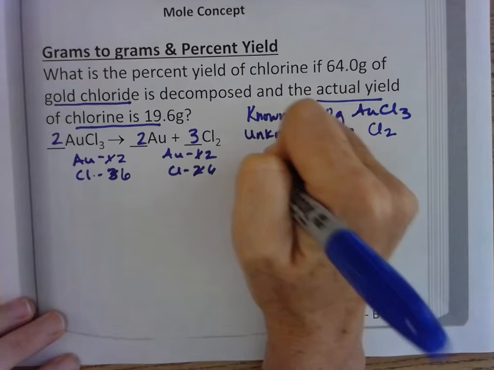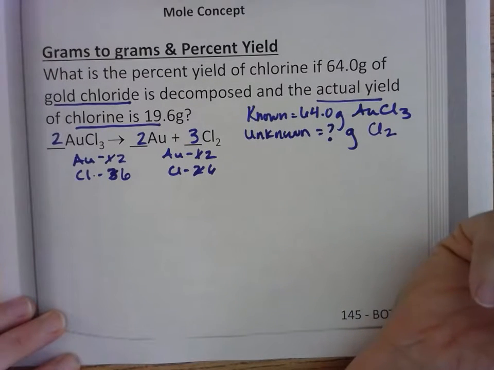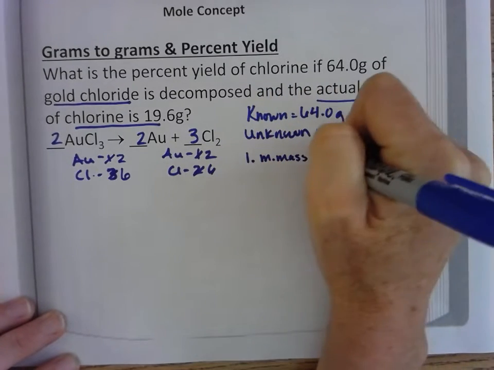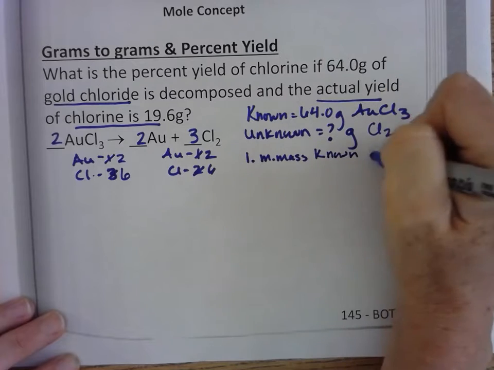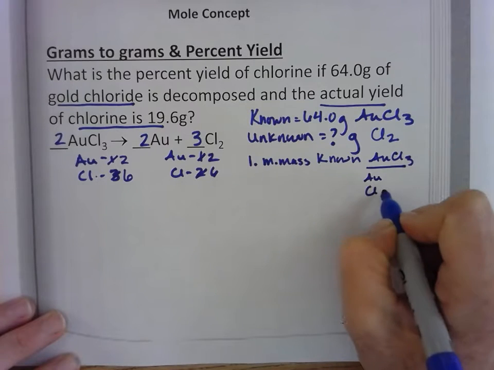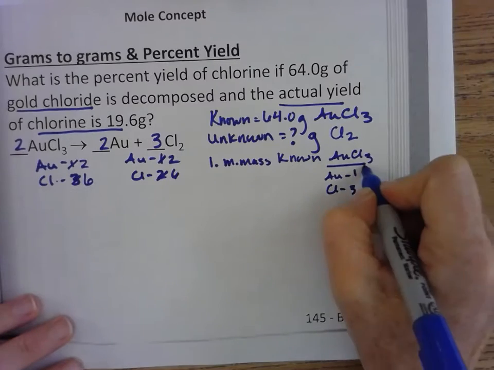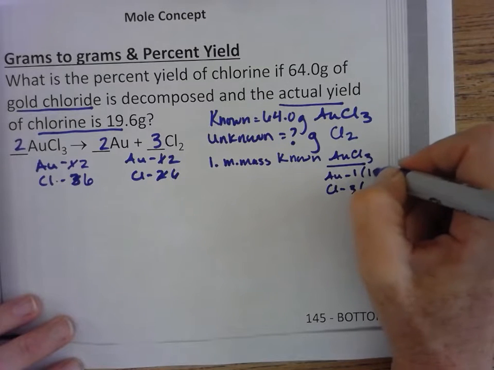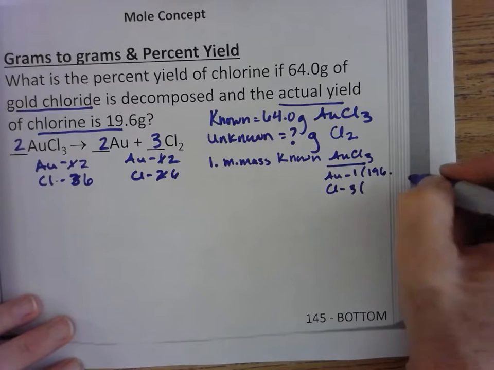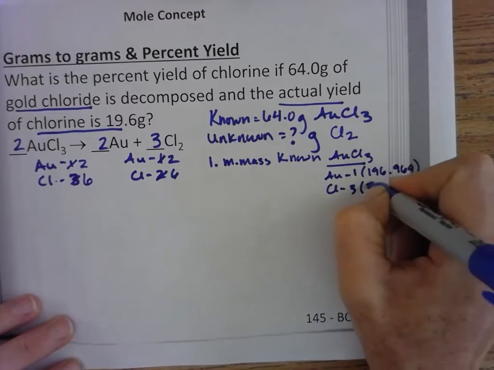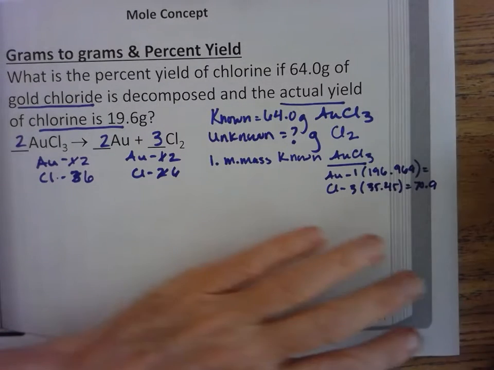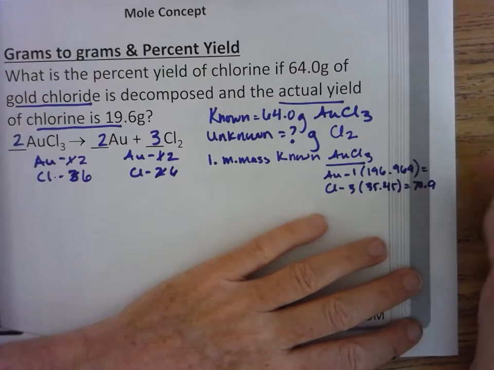Right? So now I need my conversion factors, and I need three things. One, I need the molar mass of the known. So AuCl3, 1 gold and 3 chlorines. Gold is 196.969, and chlorine is 35.45 times 3, which is 106.35.